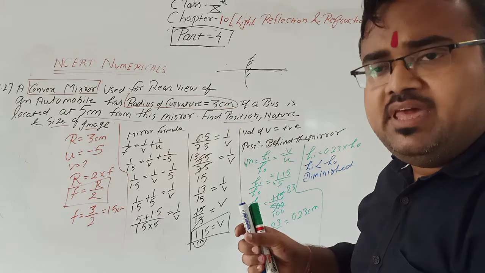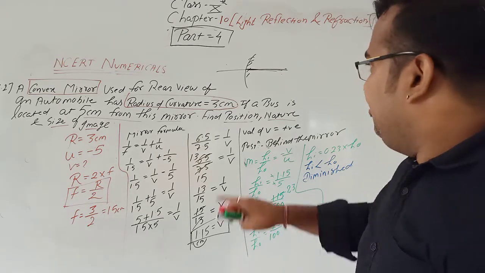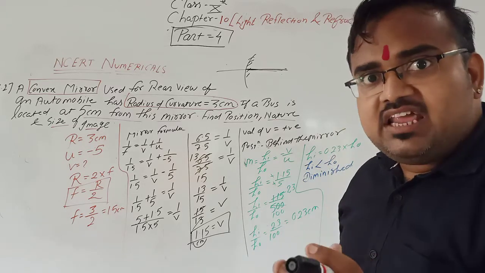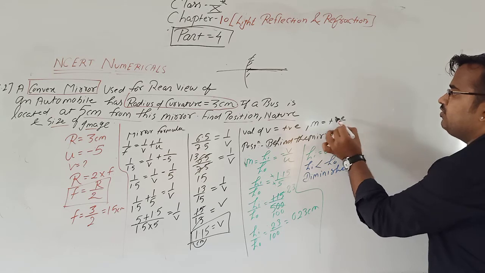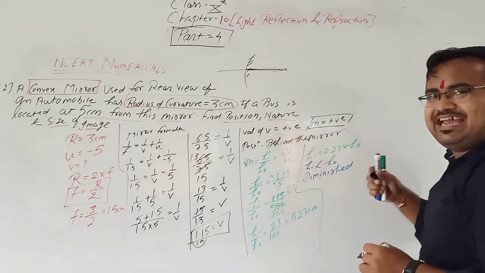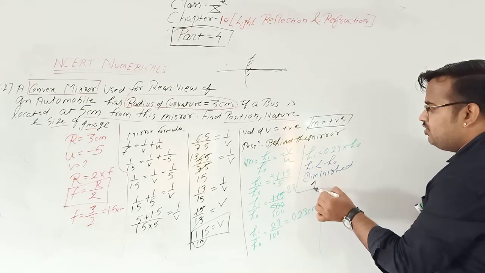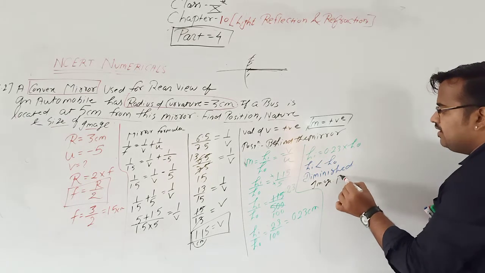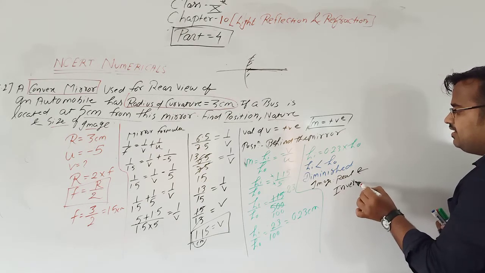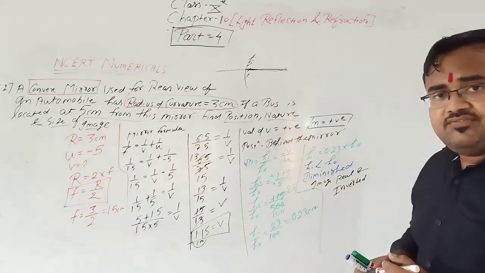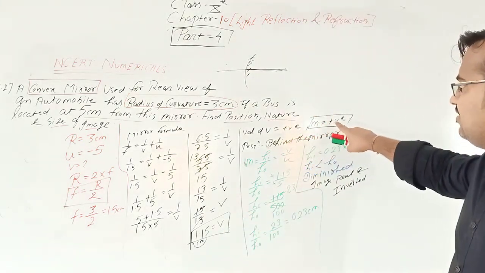Okay, one more important thing. In case of mirror, always keep it in mind the trick. If v is positive in case of mirror, then m, the magnification, is also positive.